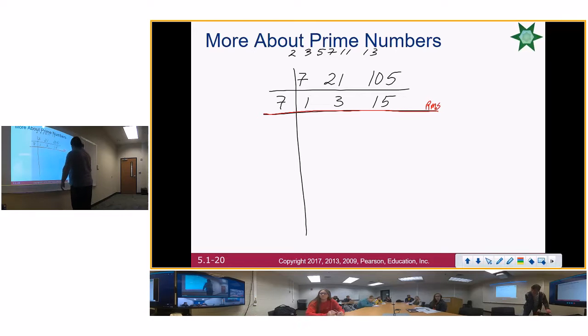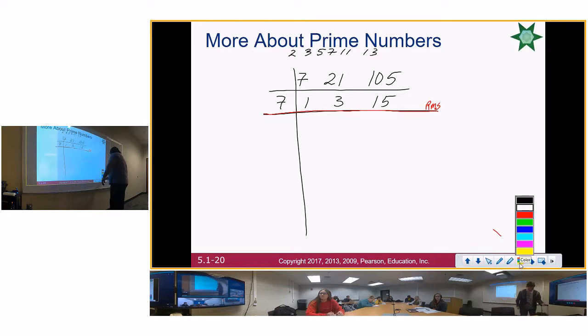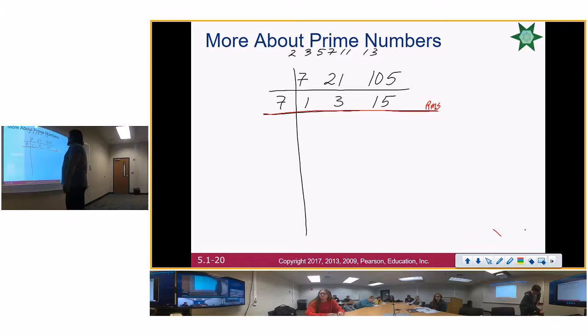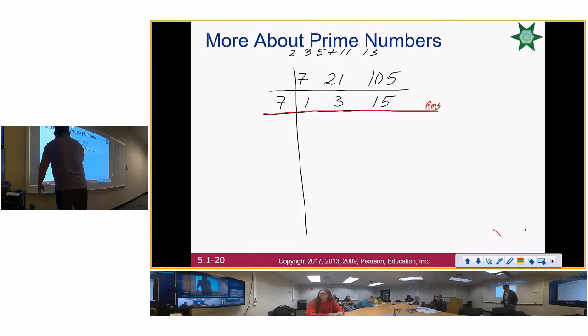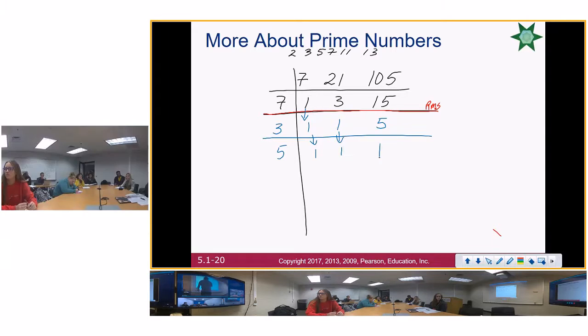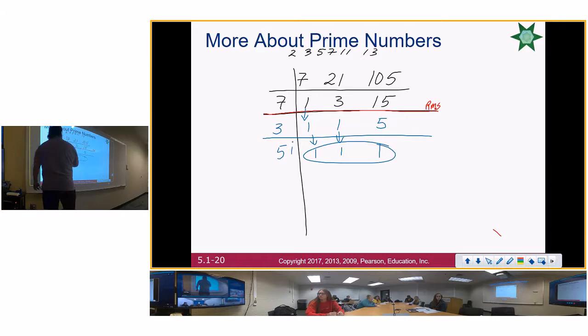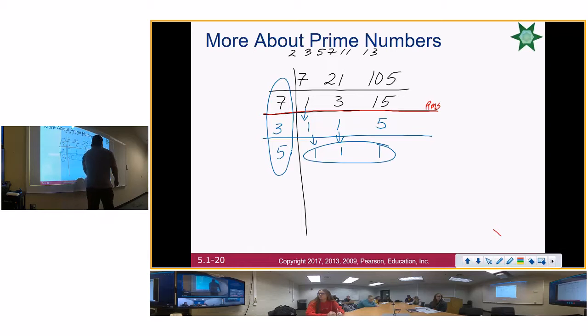Real math stops, so I changed it to a blue marker. And now I'm going to divide by, well, the 1's there, so I'm just going to divide by 3. That comes down. That's a 1. And that's a 5. Now divide by 5. And I got my 1's. So here is my least common multiple.